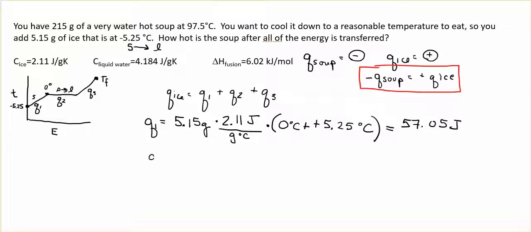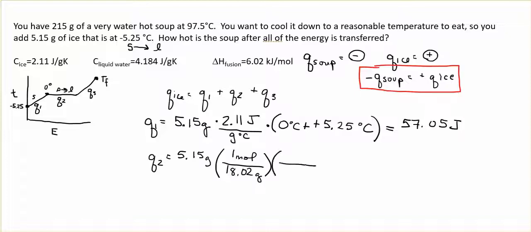Let's look at our Q2 now. Q2 is on a plateau. A plateau is the phase change from solid to liquid for this particular compound. So we're going to use stoichiometry. We still have 5.15 grams. That's of water. The molar mass of water is 18.02 grams in every 1 mole. And then the delta H of fusion is 6.02.